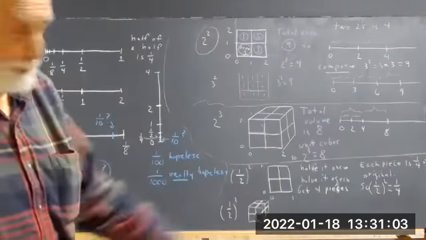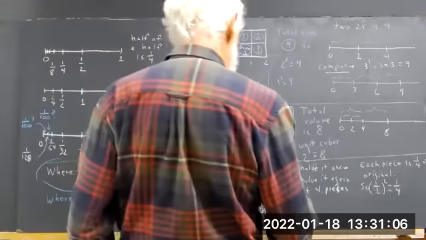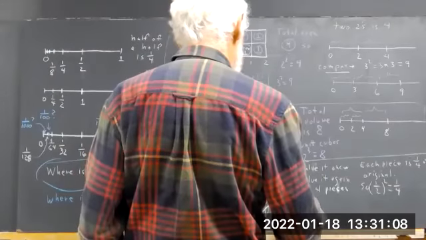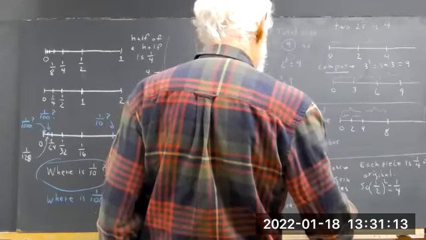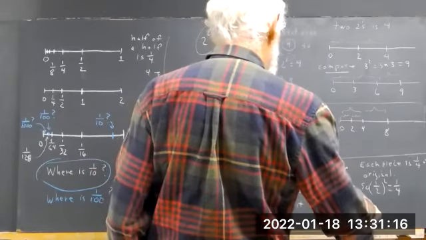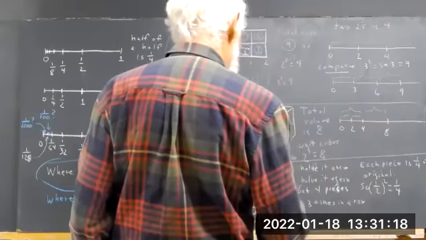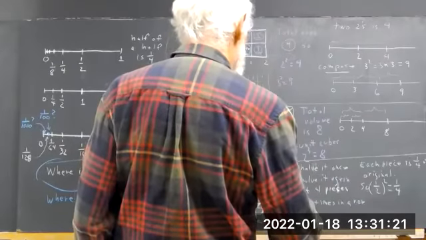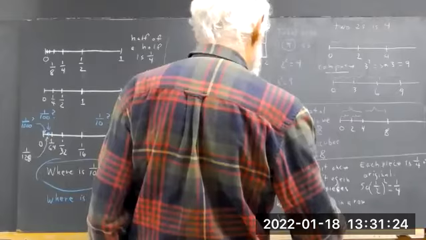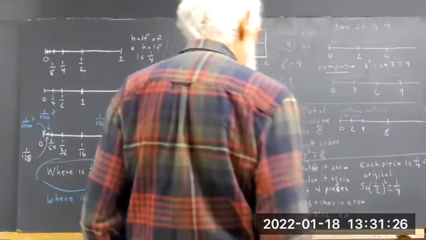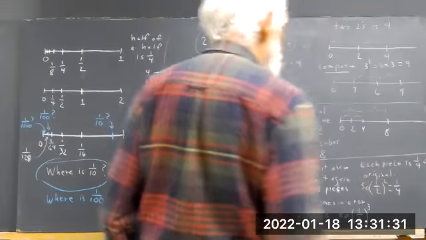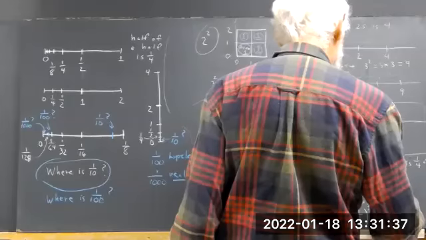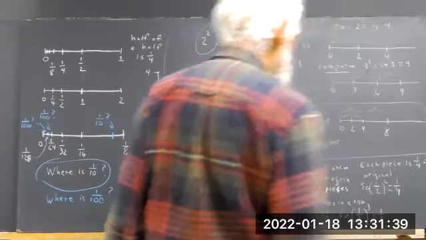And now we've got 8 pieces. Halve it 3 times in a row, we get 8 pieces. So 1/2 done 3 times, 1/2 to the 3rd power is 1/8.